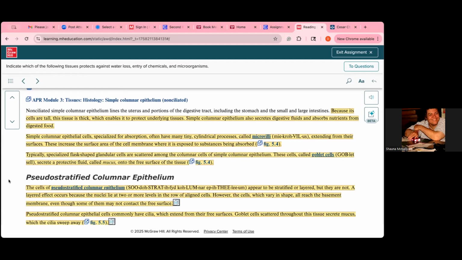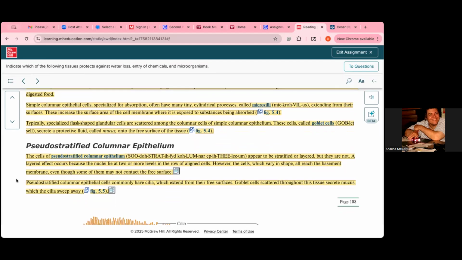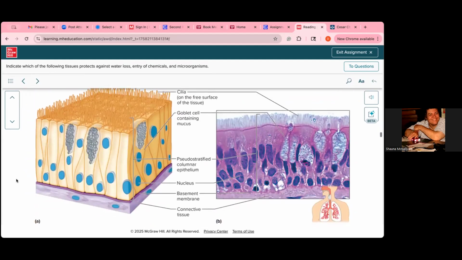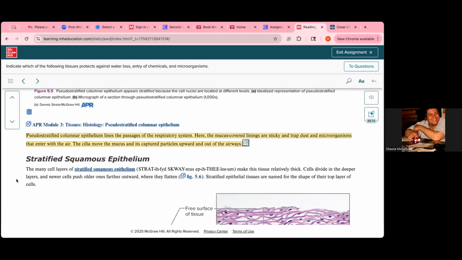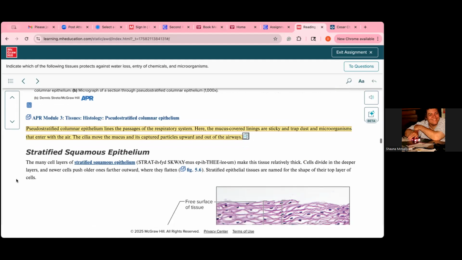Let's go to pseudostratified again. Okay, keep going. Here they are sticky and trap dust and microorganisms. Cells dividing. Okay, anything else in this section? That's it.